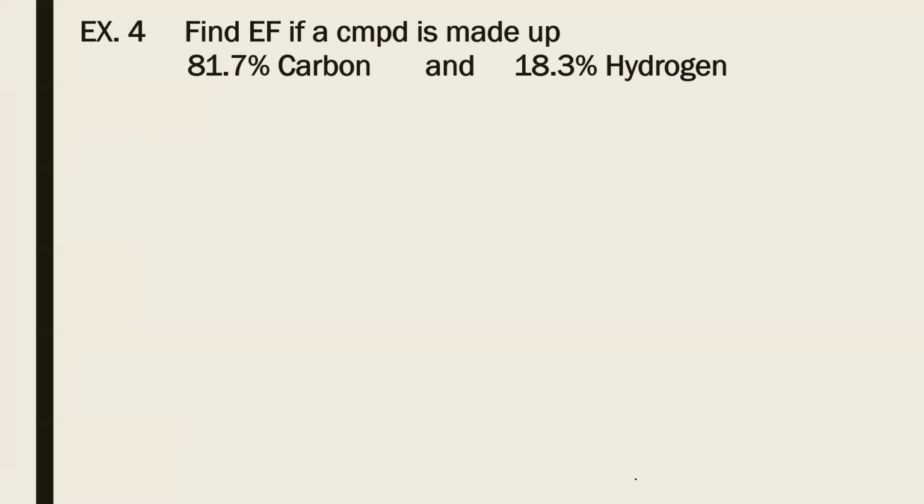Okay, this last example is a tricky one. So it says, find the empirical formula if a compound is made up of 81.7% carbon and 18.3% hydrogen. So once again, I'm changing that to gram. Step 1 is to go from grams to moles.